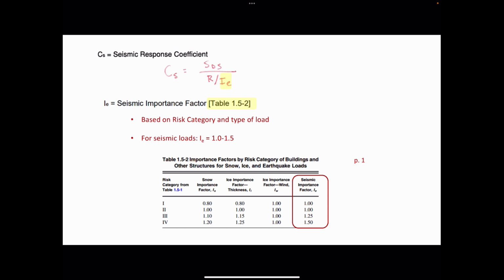And for seismic loads, you'll find that IE on the far right. It's based on risk category. So you can see for these risk category 4 structures, it's a 1.5 seismic importance factor. So we increase those seismic loads by 50% for those structures compared to an ordinary building.